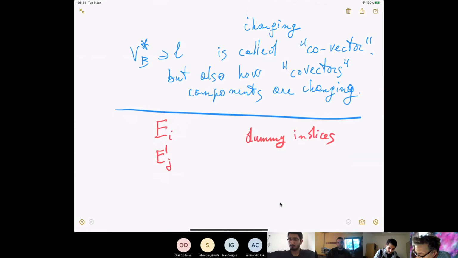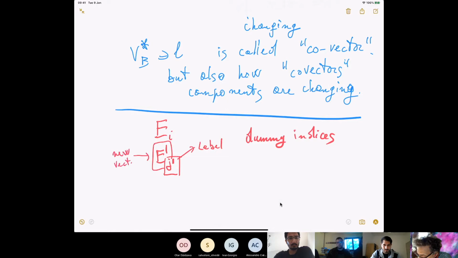However, we want to remember, this is a point which for me was very difficult for many years to understand, why you add the same symbol to the index, which is the same label, this prime is a label, which you used for the new vector basis.